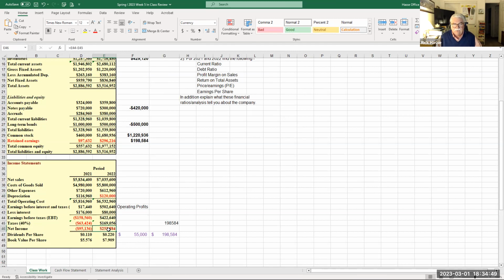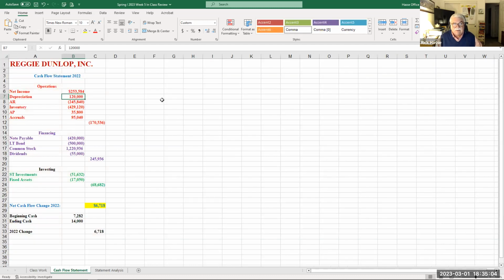Thus, we made $253,584 in after-tax income or profits last year, but a lot of that was $120,000 of depreciation expense. So we're going to add that back in here as additional profit, as you could say it, additional capital, because it was non-cash. So depreciation is a source of cash flow for a business.